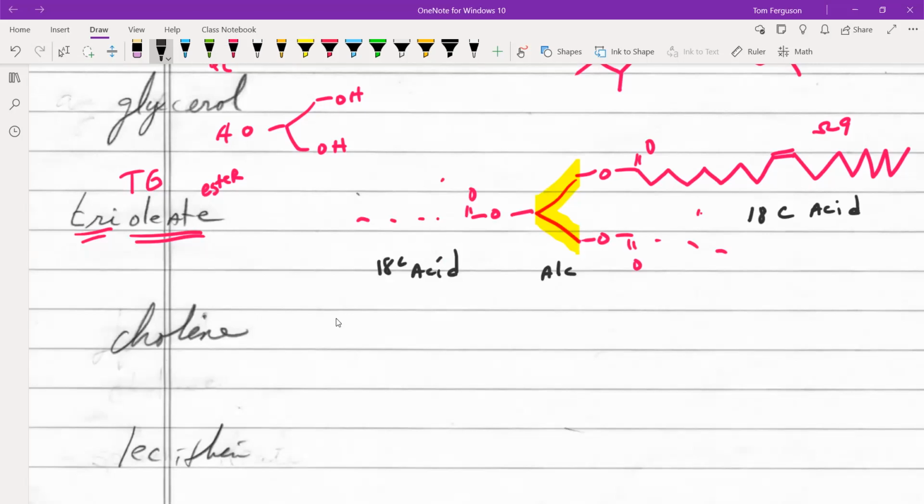Choline is a very common alcohol. It's different.